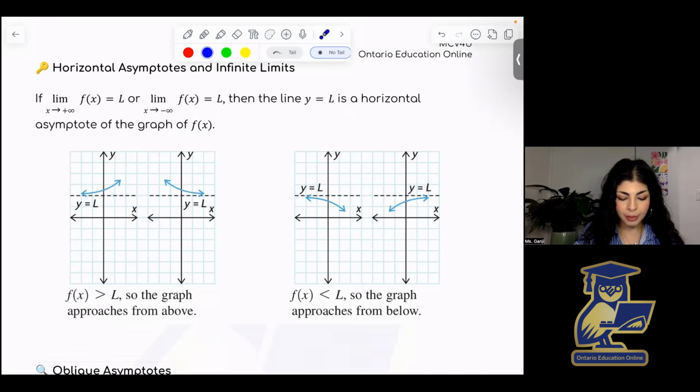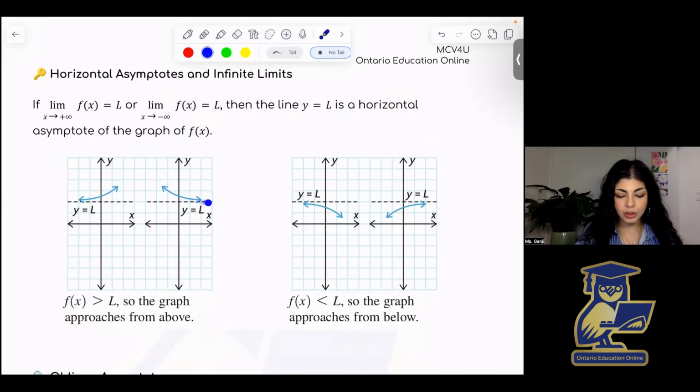For example, we just saw these two types of horizontal asymptotes, where we are approaching from the top and then from below. If f of x is greater than L, we say the graph is approaching from above. And if f of x is less than L, we say that the graph is approaching from below.